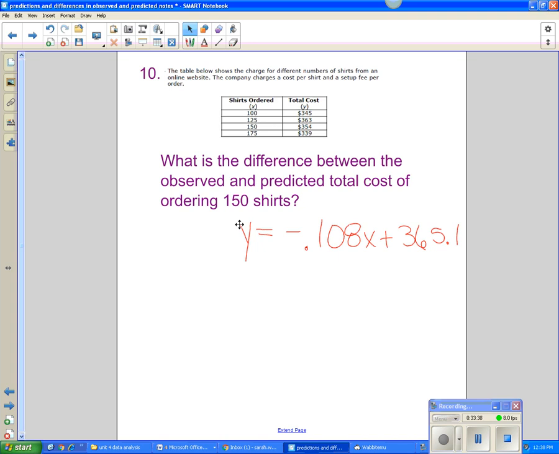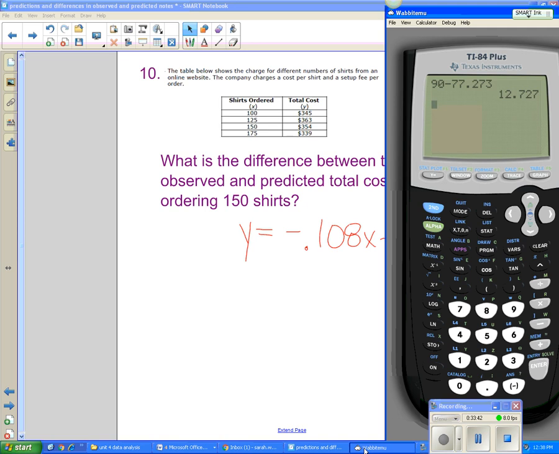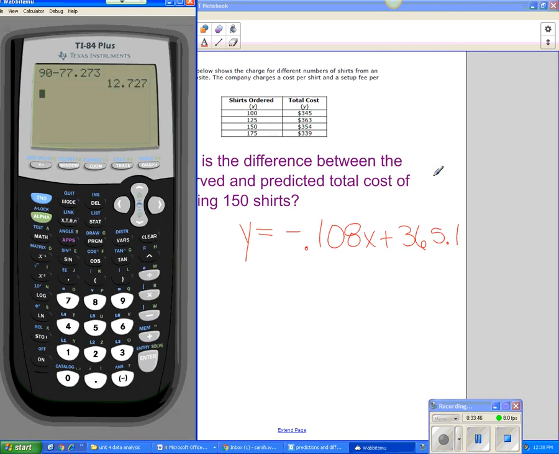All right, you're going to go to your y equals in the calculator, and you want to type that in: negative 0.108x plus 365.1. Go to second graph.